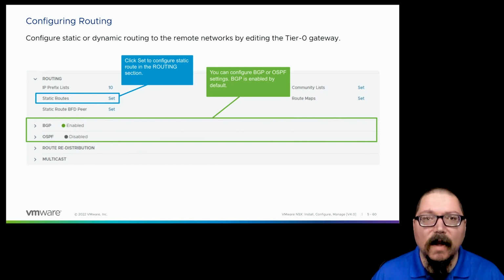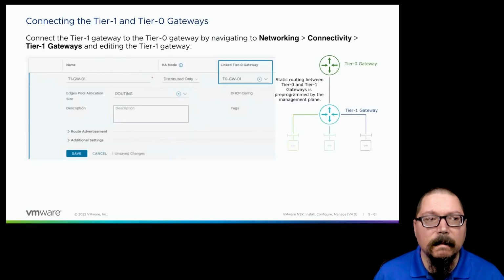And this is all found right in the tier 0 gateway configuration dialog. Once I do that, I have to edit my tier 1 gateway and link the tier 1 gateway to the tier 0 gateway. That's going to create that router link interface that we talked about and set everything up that goes there.